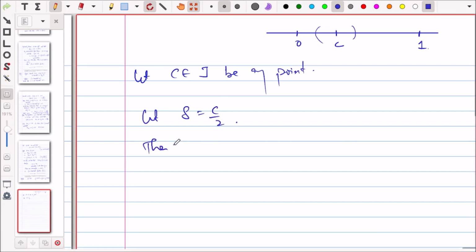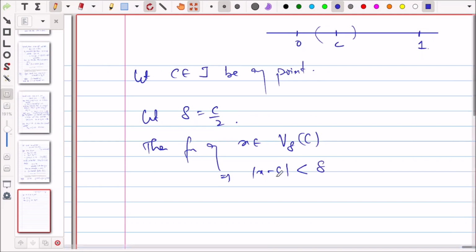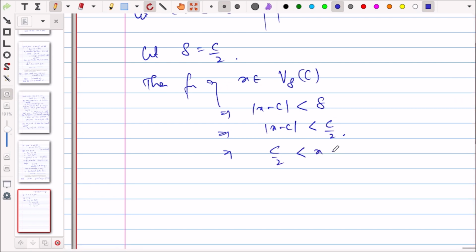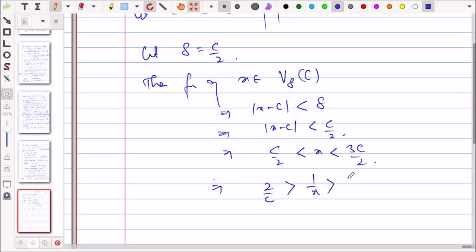Then for any x belonging to V_delta(C), this implies |x minus C| is less than delta, that implies |x minus C| is less than C by 2, and this implies C by 2 is less than x less than 3C by 2. When you reverse it, 2 by C is greater than 1 by x is greater than 2 by 3C.